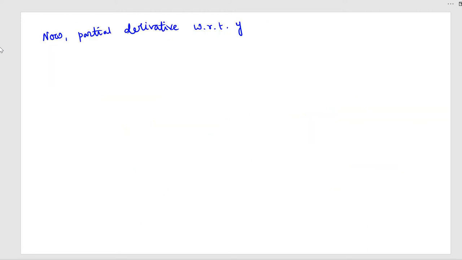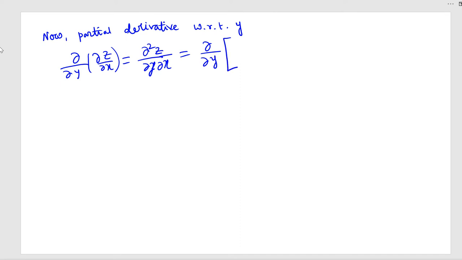Now next we try to find out del y del z del x. So this is nothing but del 2z del y del x. This is del y of the inside function 2x tan inverse y by x minus y. So if you do this differentiation, then you will get here 2x is there.